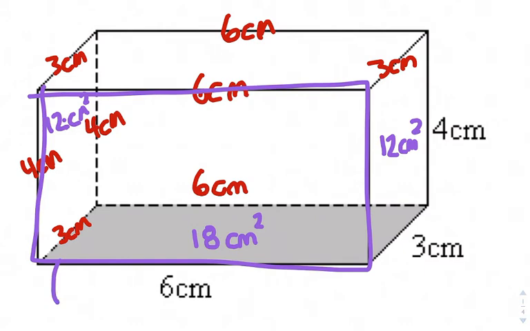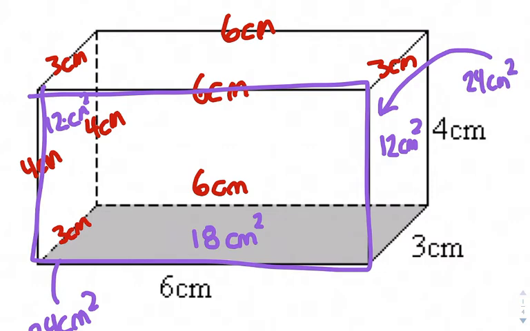So 6 times 4 would give me 24 centimeters squared. I'm going to do this back wall now because it's the same length. So this back wall back here would be 4 times 6, which gives me 24 centimeters squared. And then the top of the box is 18 centimeters squared.